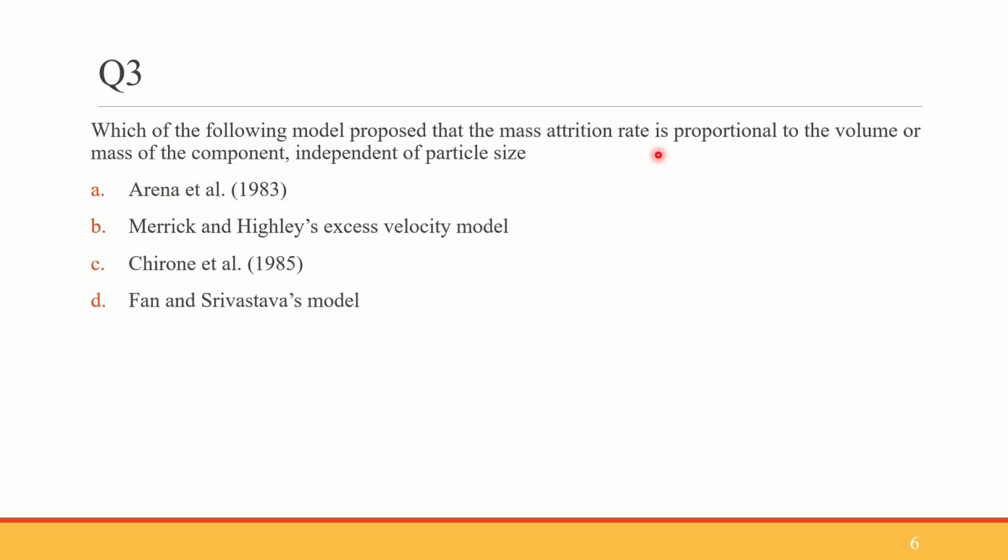The answer, I think, is Pan and Srivatsava's model. Since this is about theoretical questions, I request you to be aware of all the concepts, like who proposed what models and what assumptions are given in each model. When you are talking about models, it is very necessary to know the assumptions in that particular model.